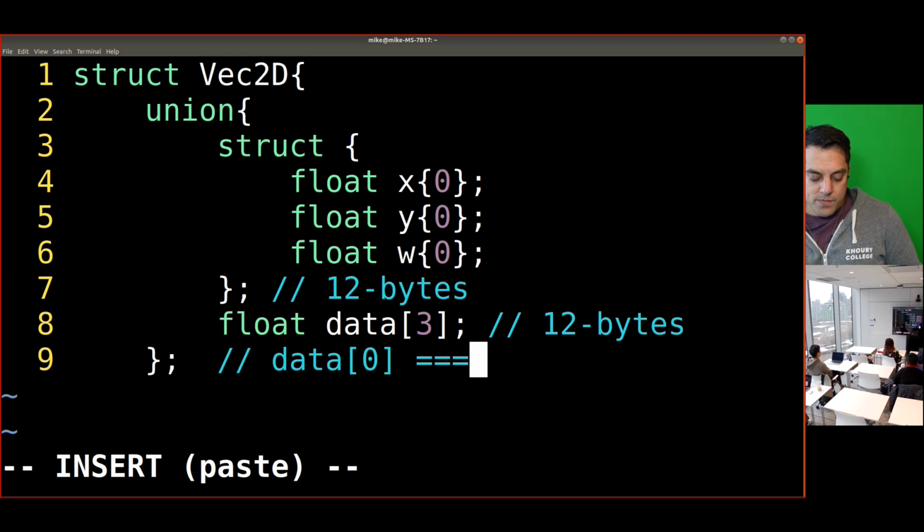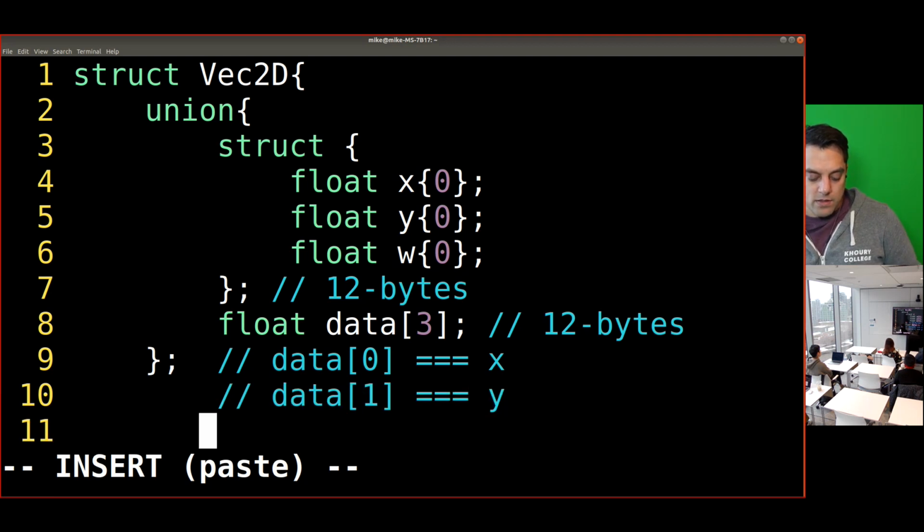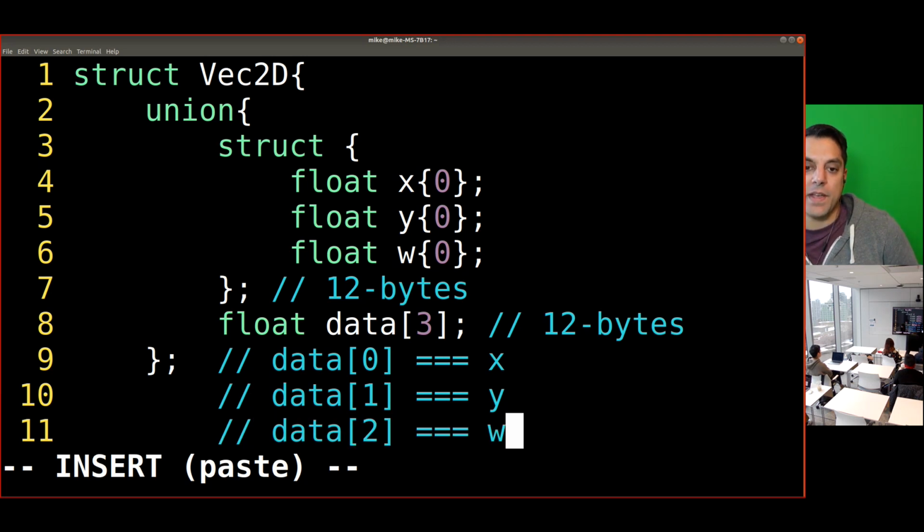What that means is, I'll put it in a comment: data at 0 is equivalent to x, data at 1 is equivalent to y, and data at 2 is equivalent to w. Does that make sense to folks?